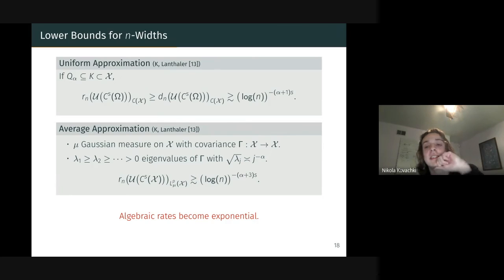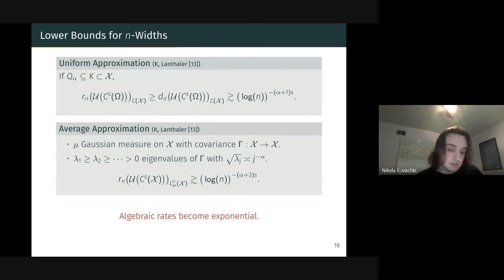So what this tells me is that there will always exist some functional which is smooth, s times differentiable, but for which I'll still need an exponential amount of data in order to reconstruct it, no matter what I do, with any reconstruction algorithm or any architecture that I try to come up with.